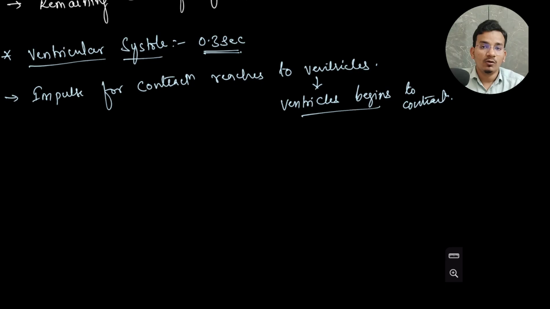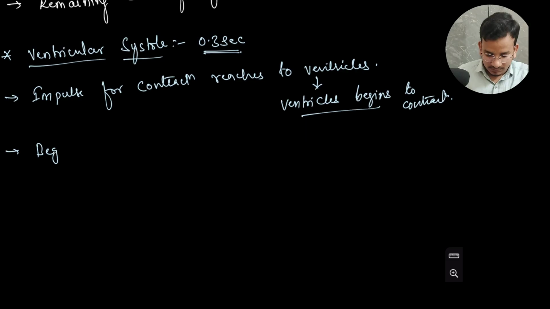Now you can see, as soon as the ventricles started the contraction, the pressure inside the ventricle is greater than the pressure in the aorta and pulmonary artery. So when the ventricular contraction started, at that time due to the pressure the AV valves will close.